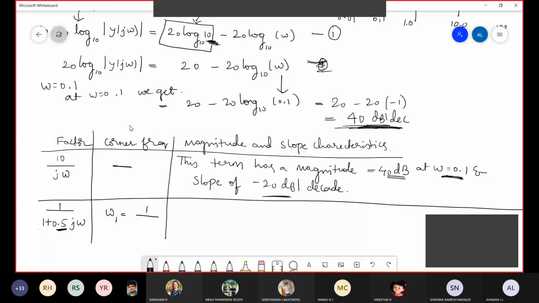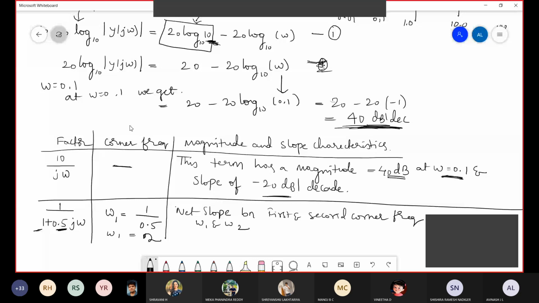So the net slope between the first and second corner, omega 1 and omega 2, because the next factor is also there, is minus 20 minus 20, equal to minus 40 dB per decade.